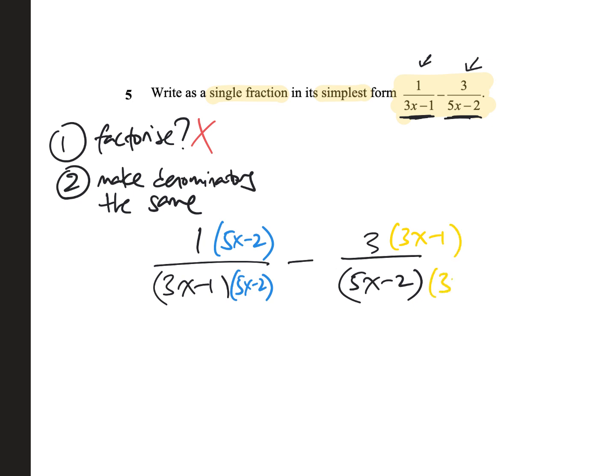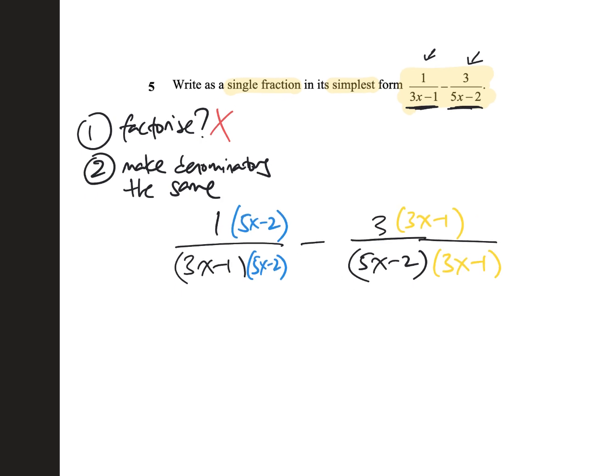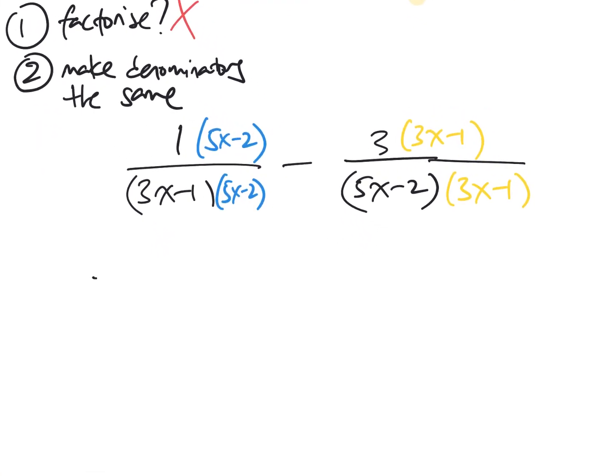Remember, the goal is to make the denominators the same. And so let's look at it now. Are the denominators the same? Is this the same as this? Yes, they are. Since they are the same, now I can combine the fractions. So 1 times 5x minus 2 is simply 5x minus 2.